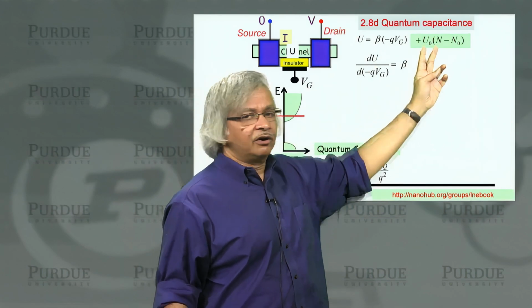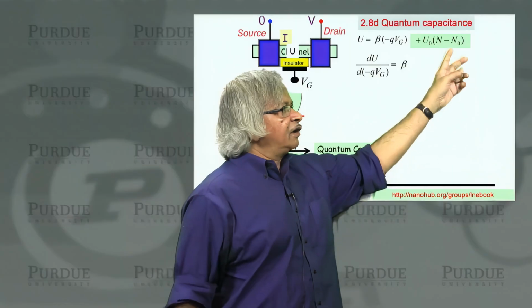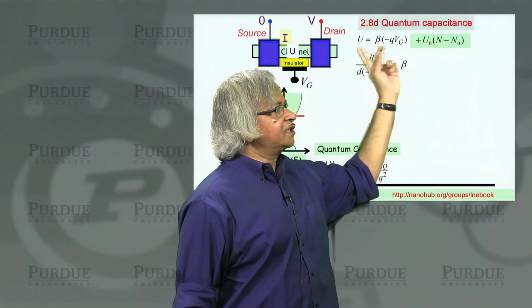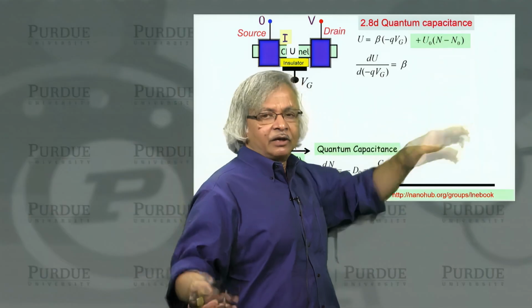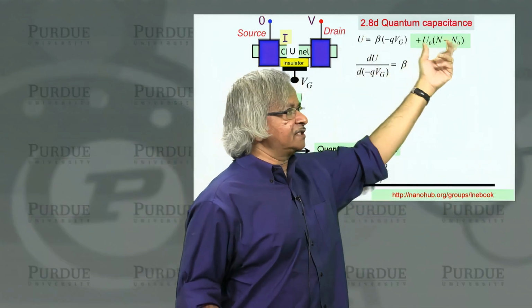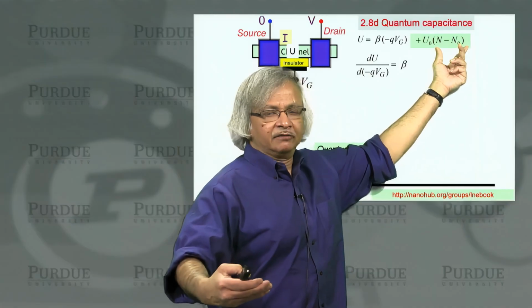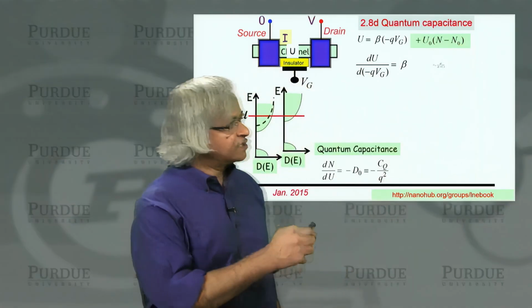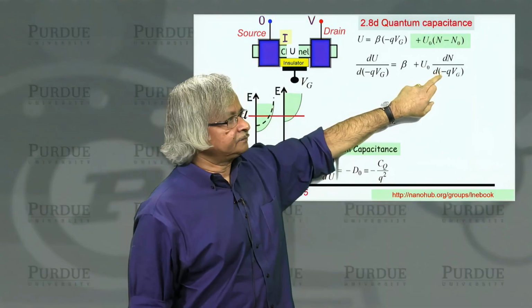And this U0 is what you could call the single electron charging energy. That is, it tells you how much the potential would change due to one electron in the channel. And the actual change is given by this U0 times the change in the number of electrons. So if you use that, then you get an extra term here.